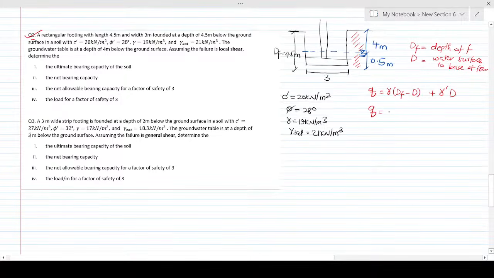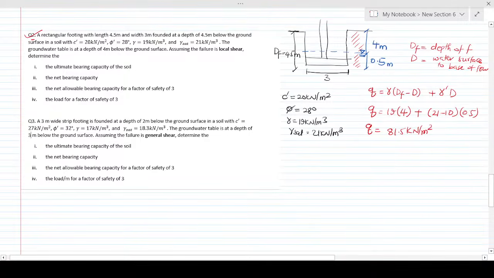So my Q is going to be gamma, 19, times 4, plus gamma effective, that is buoyant, 21 minus 10, times 0.5. And so my Q in this question is 81.5 kilonewton per meter.